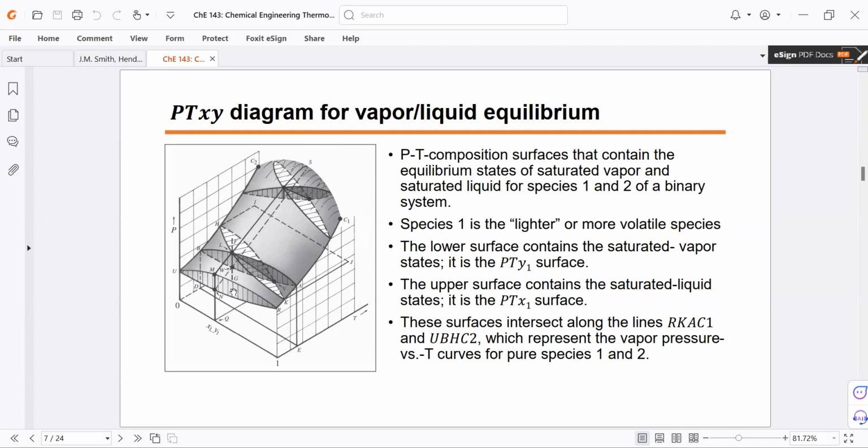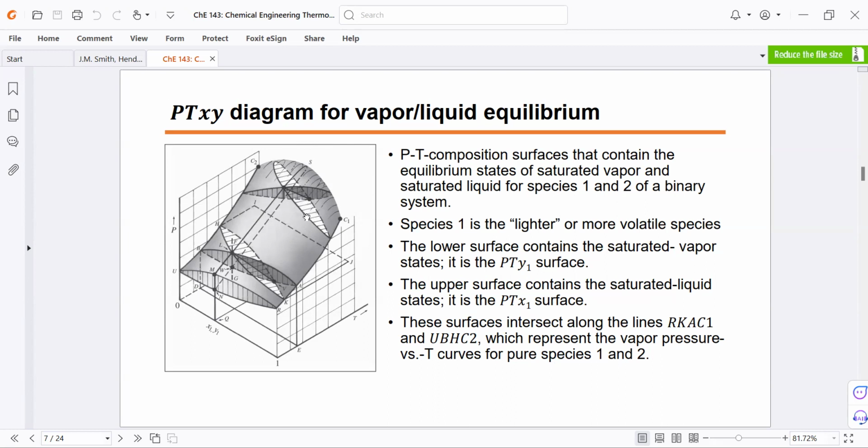Therefore, the lower surface would contain the saturated vapor states. It's the PTy1 surface, because y is what we designate for the vapor. The upper surface, because it has the higher pressure, is the PTx, or saturated liquid surface.